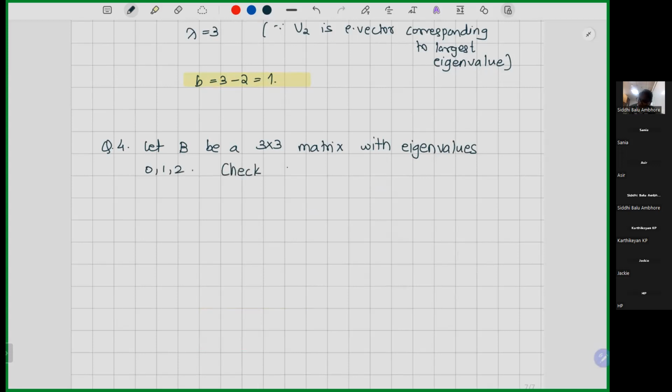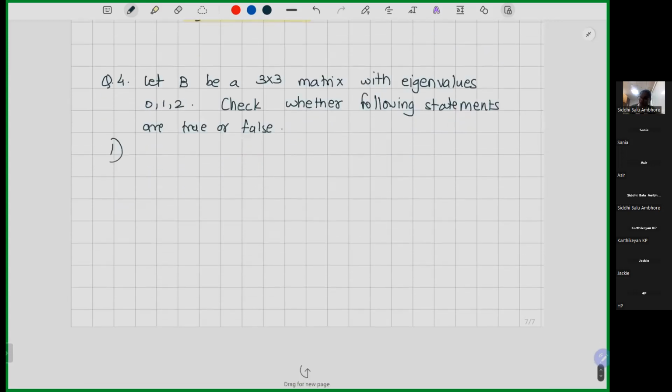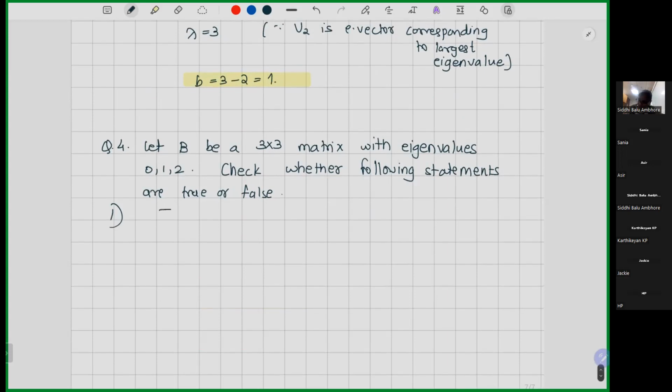Now they are saying check whether following statements are true or not. Okay, so first statement is that the rank of B is 3.